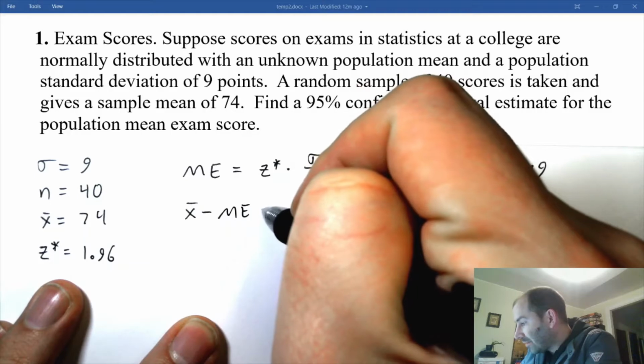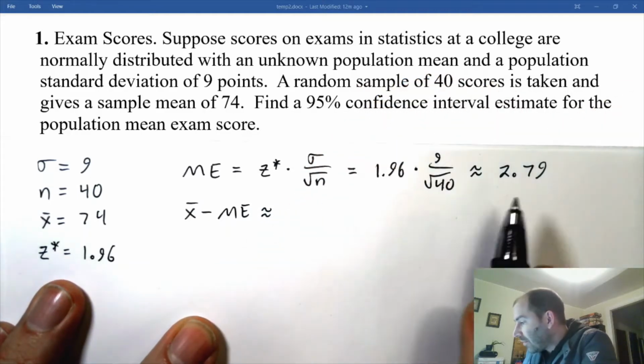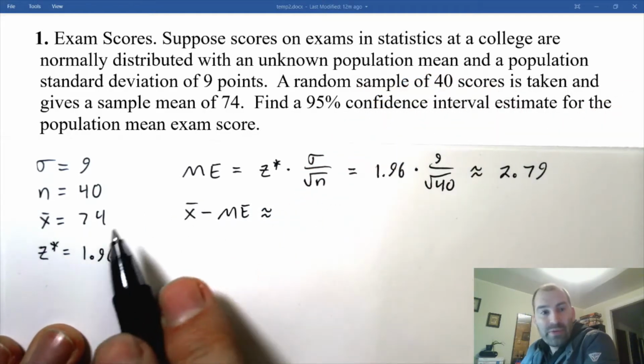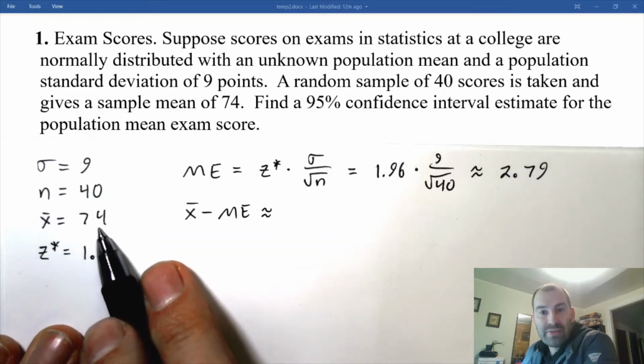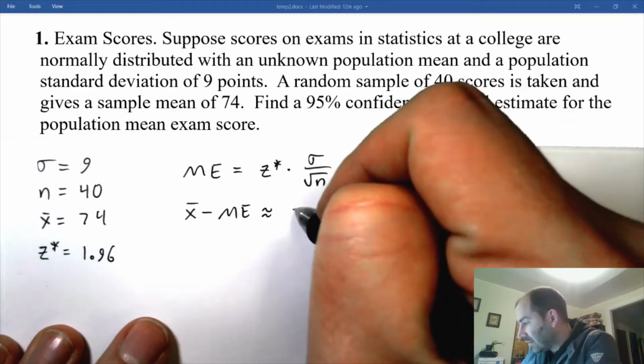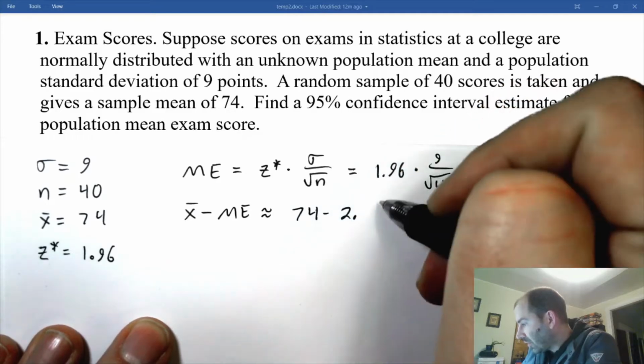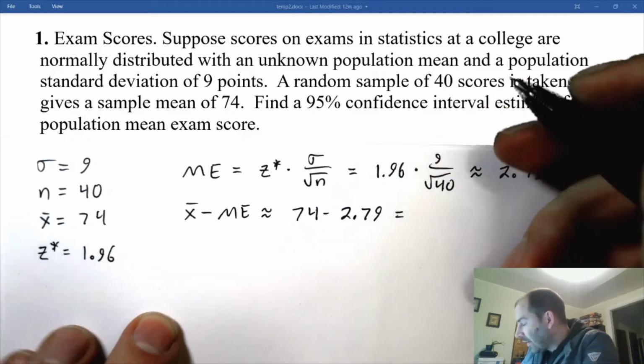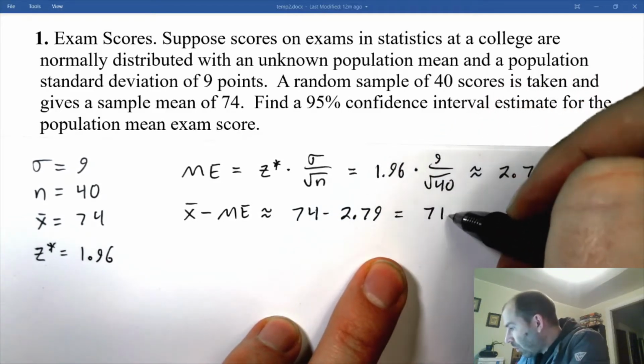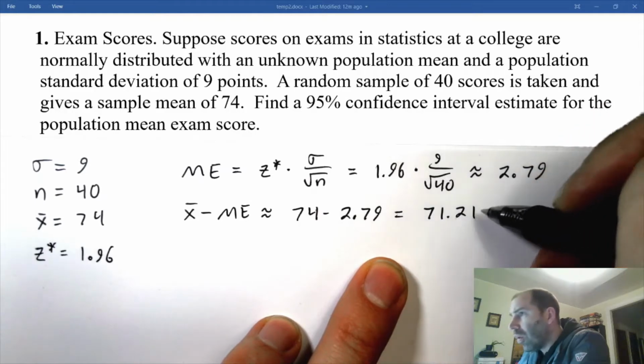Let's subtract it and see what we get. If I subtract this value from our sample mean, taking 74 minus 2.79, I get 71.21.